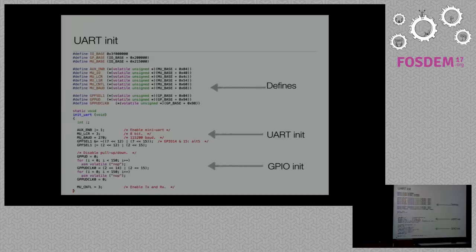And this has the side effect of enabling the UART, specifying the number of bits that will be transmitted, and specifying the speed of the UART. And here we have to specify that the pins are, in fact, used for the UART. This is documented in the Raspberry Pi documentation. And this is very, very bare-board stuff.